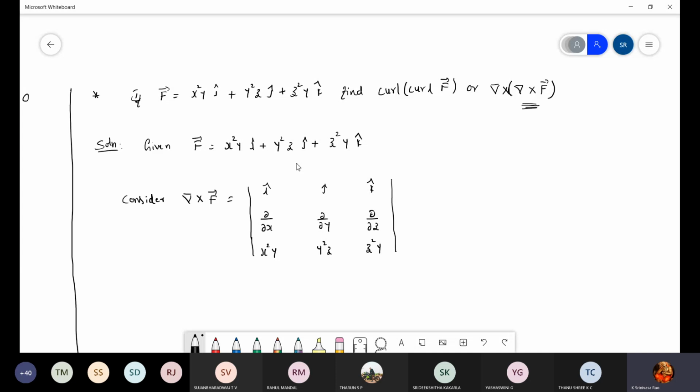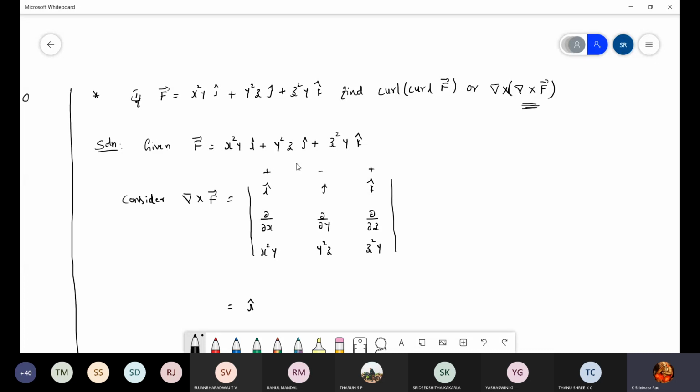So how you will simplify that is left to you. Either you can differentiate directly or you can substitute one more step, like i cap into dou by dou y of z square y minus dou by dou z of y square z. So like that also you can go. This problem I will solve in the same method.